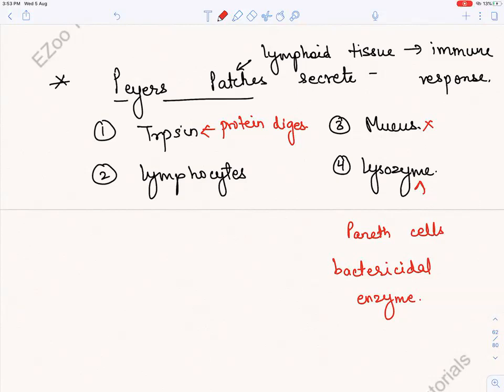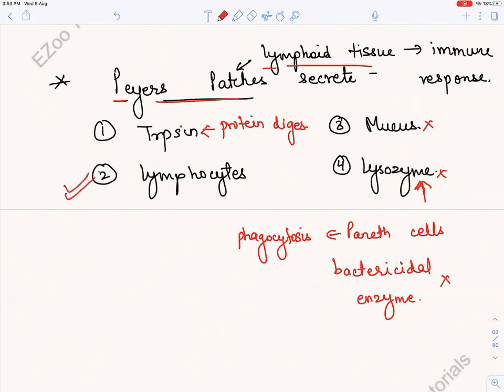These Paneth cells are also capable of phagocytosis. I just thought I'd tell you. So this lysozyme is a bactericidal enzyme, so this is also not possible. As soon as you know that Peyer's patches are a lymphoid tissue and you see lymphocytes, yes, this is the correct option.